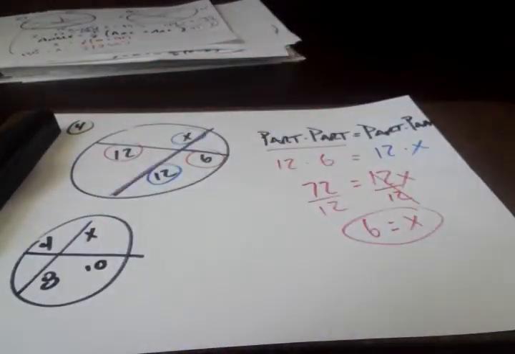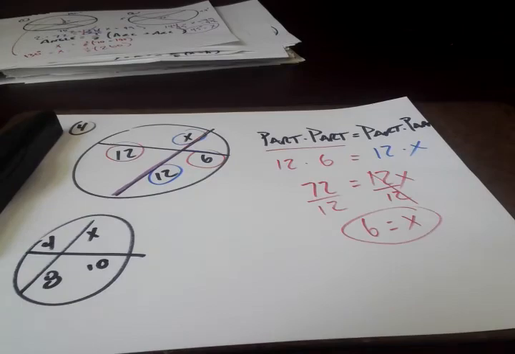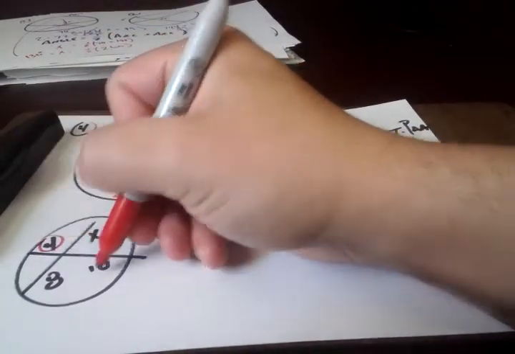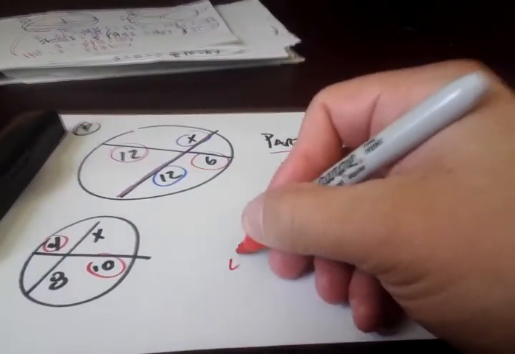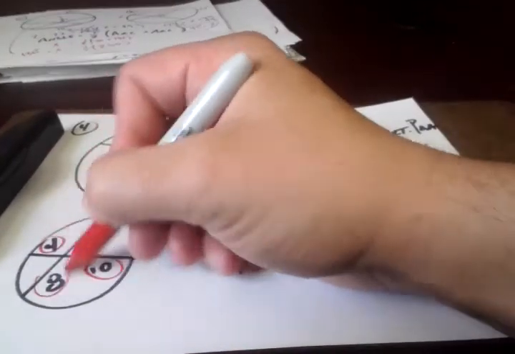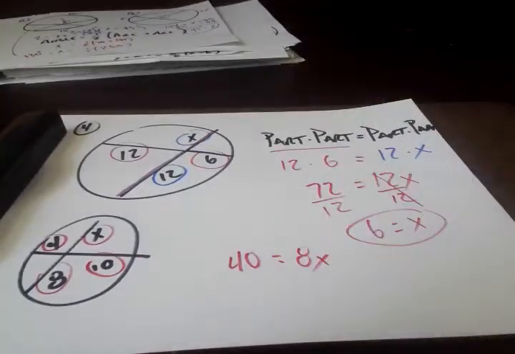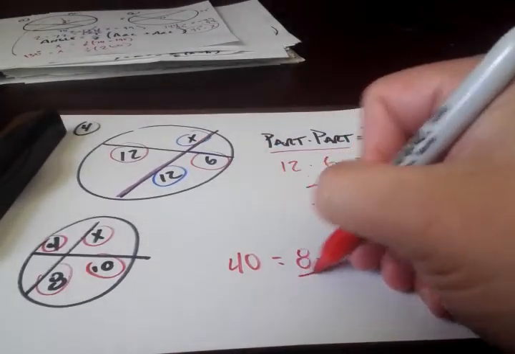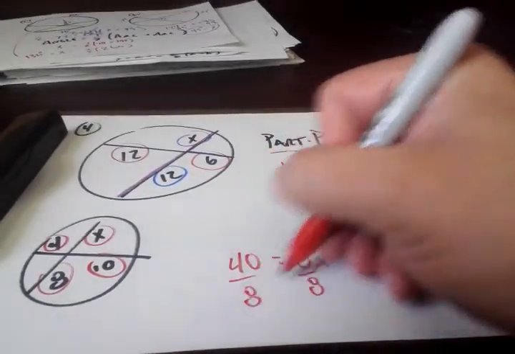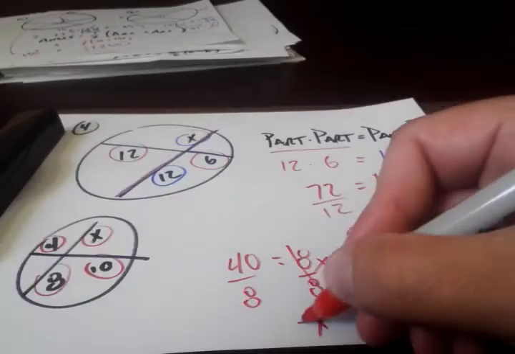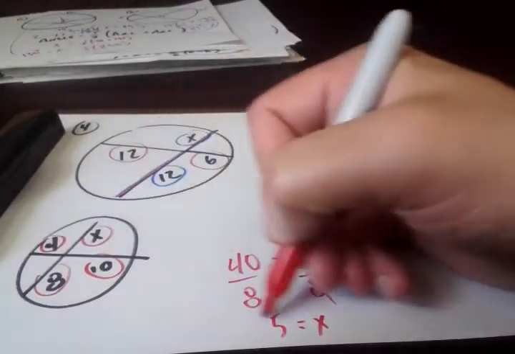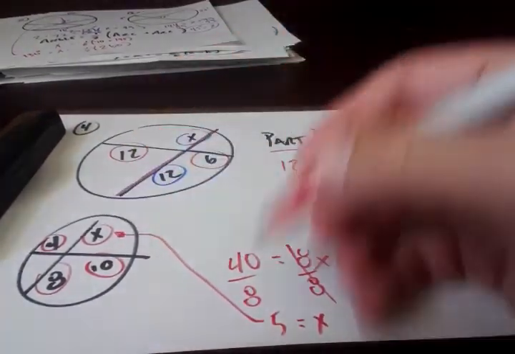So remember, the parts that we choose have to be on the same line. So I'm going to say 4 times 10 is 40, right? Part times part is 40. And over here I've got x times 8, or 8x, right? 8 times x. This time we'll divide by 8, and you'll see this time we get all different numbers. 40 divided by 8 is 5. That x is 5 inches or whatever, okay?